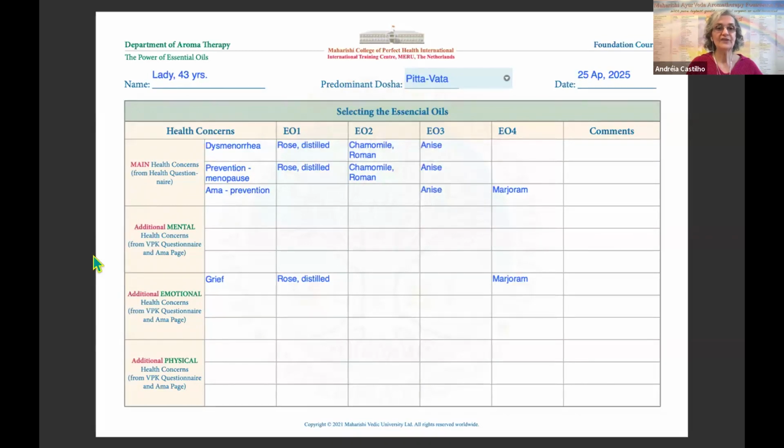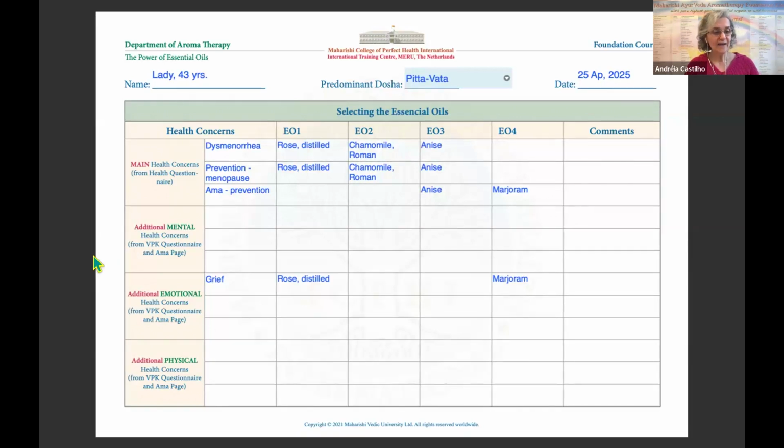And she told me that every year she does a little detox to prevent accumulation of ama. So then I added something for her to help in this regard to prevent ama buildup. And she has been going through a period of loss of a near and dear one.